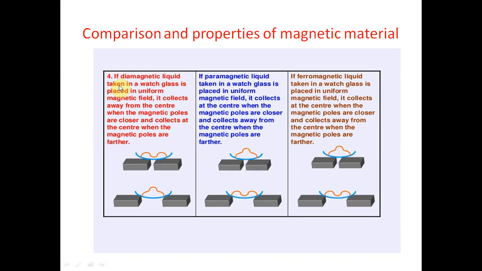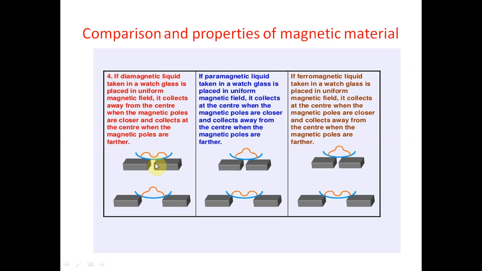Next property. If a diamagnetic liquid is taken in a watch glass and is placed in a uniform magnetic field, it collects away from the center when the magnetic poles are closer and collects at the center when the magnetic poles are farther.